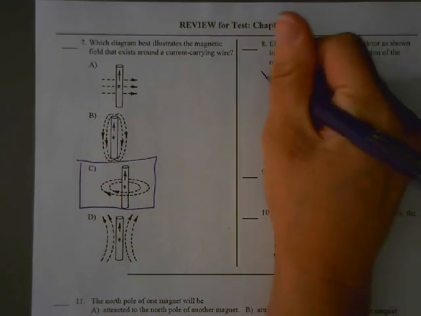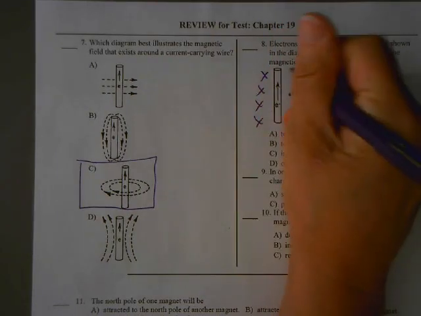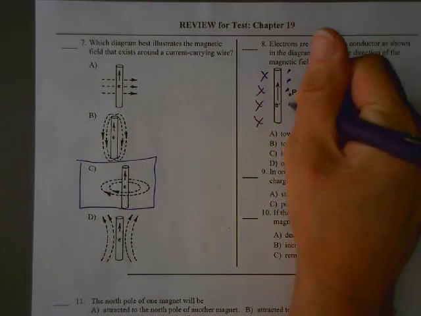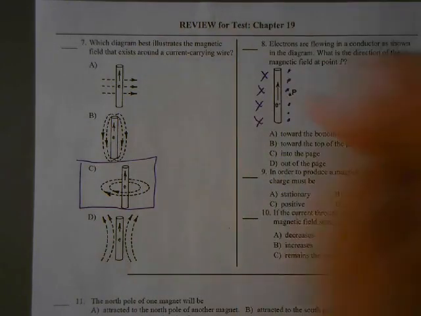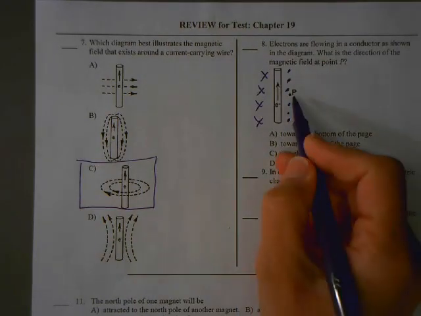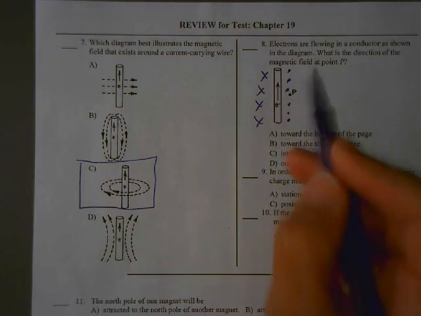So this is into the page, and these are coming up. Again, we're going to use our left hand. The thumb's in the direction of the electrons, and the fingers curl in the direction of the magnetic field. So the answer to this one is over here by point P, they're coming out of the page.